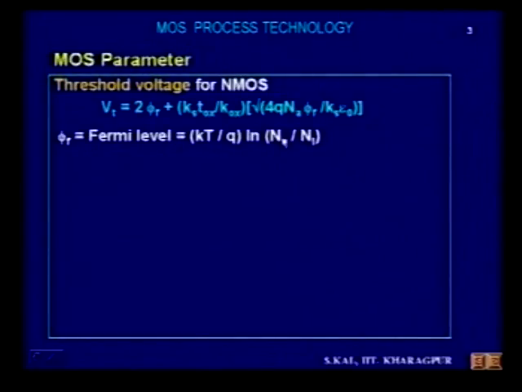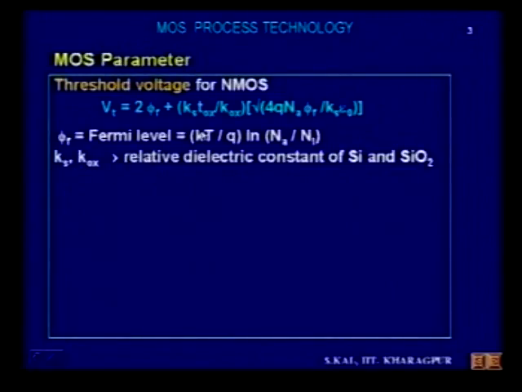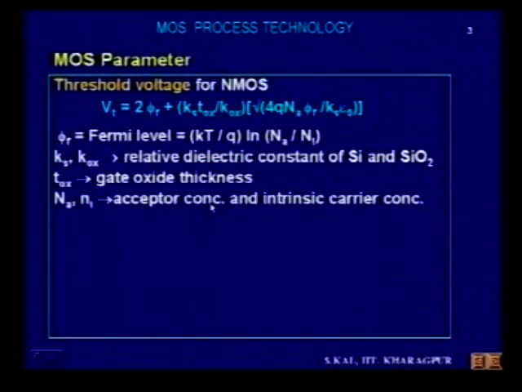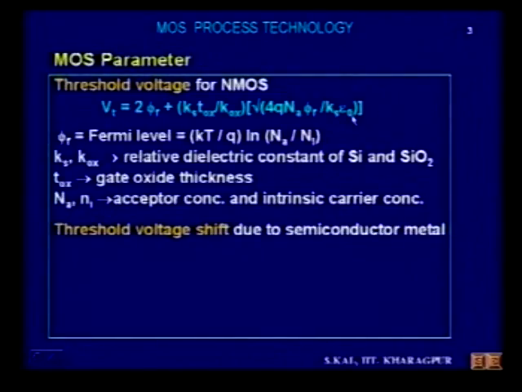Na is the substrate concentration, that is the channel before inversion, that is the P substrate in case of NMOS, and Ni is the intrinsic concentration of silicon. So that is phi f, the Fermi level. And Ks and K ox are the relative dielectric constants of silicon and silicon dioxide. T ox is the gate oxide thickness. Na and Ni are the acceptor concentration and intrinsic carrier concentration, and epsilon naught is the free space permittivity.